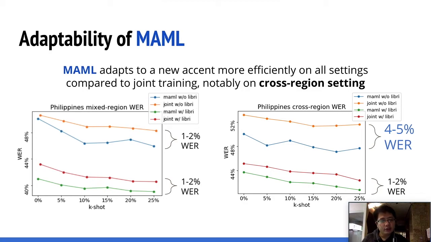While on cross-region settings without pre-training, we can see a larger performance gap of about 4 to 5% word error rate. In this case, we can conclude that MAML can actually adapt to new accents more efficiently compared to joint training, especially on cross-region settings.